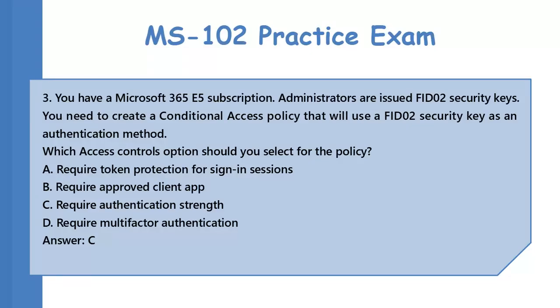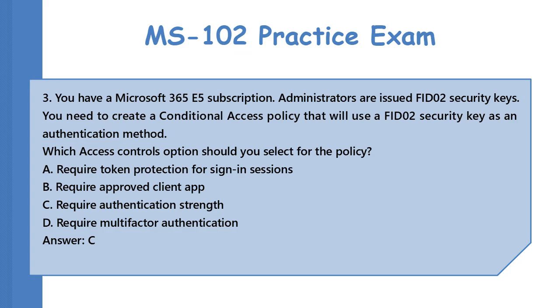3. You have a Microsoft 365 E5 subscription. Administrators are issued FIDO2 security keys. You need to create a conditional access policy that will use a FIDO2 security key as an authentication method.